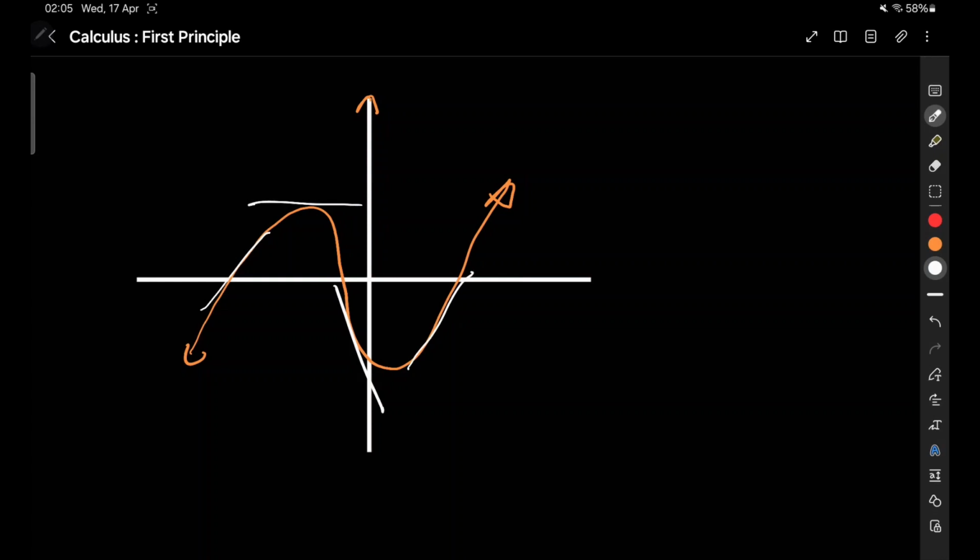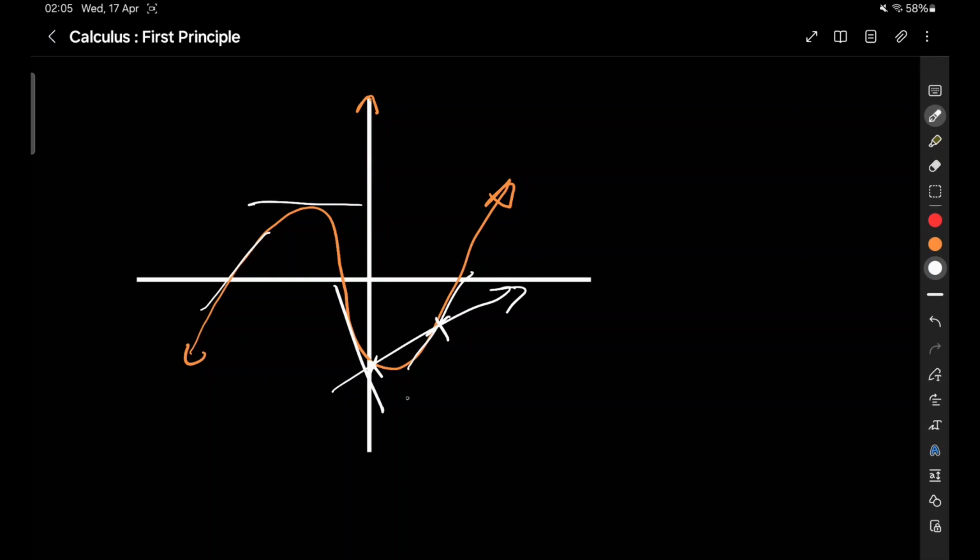So we can't determine the exact gradient of this graph, but what we can do is look at 2 points to determine the average gradient of the graph. In this case, we can draw a secant, which is just a line that intercepts 2 points of the graph, in this case that point and that point, and calculate the gradient of that line.